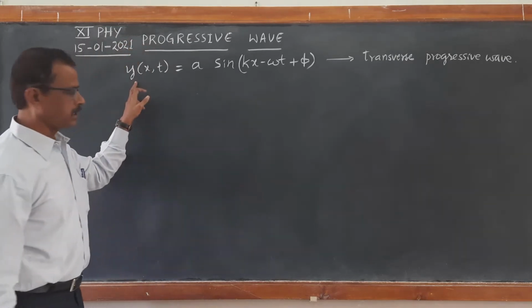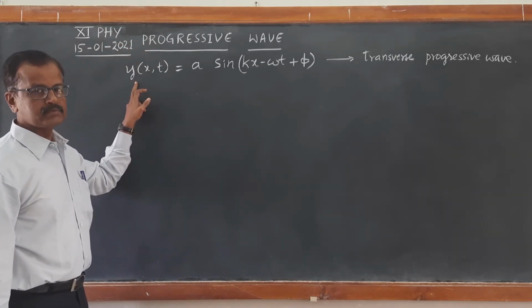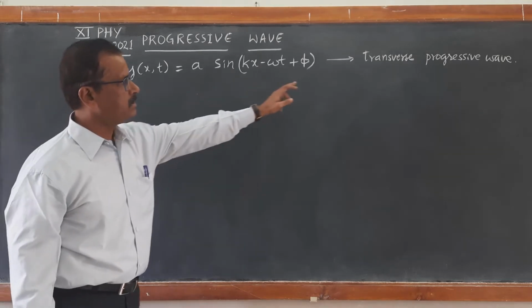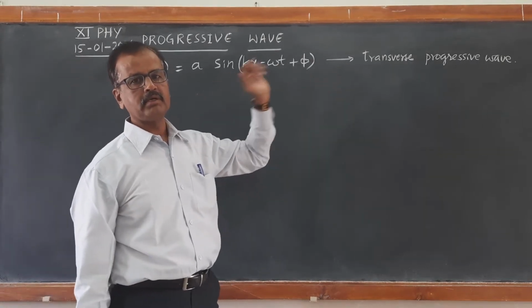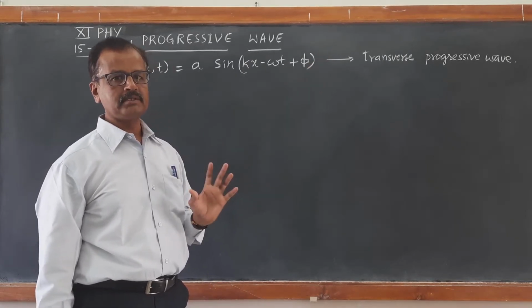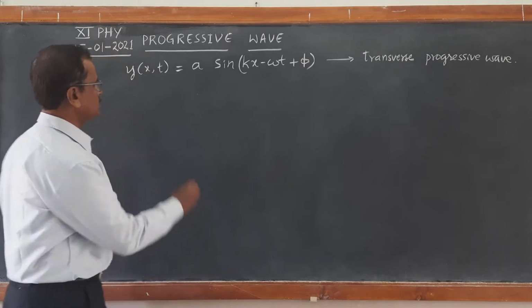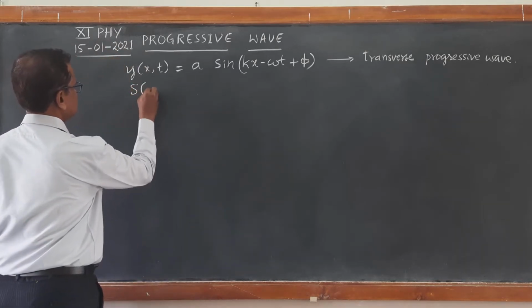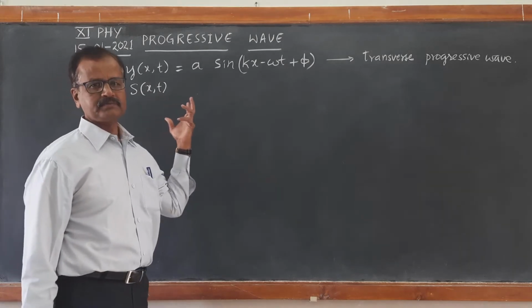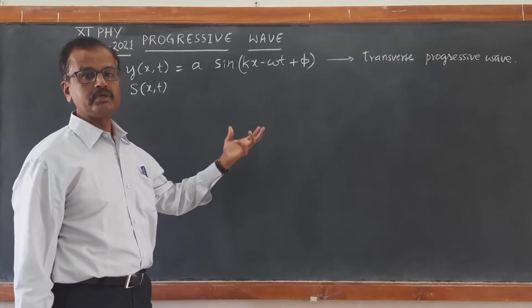Therefore, here we will not take y. Displacement will not be along y. Displacement will be along the same direction as the propagation, say along the x-axis. But to represent the displacement, we take another notation, say s, s(x,t). We can remember it as sound, because sound wave is a longitudinal wave.